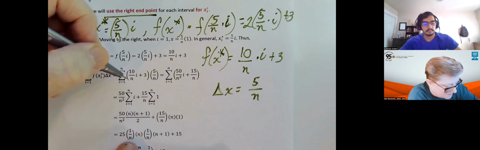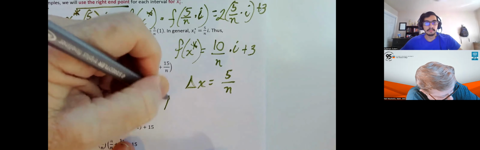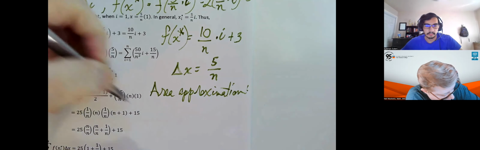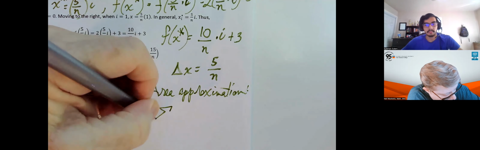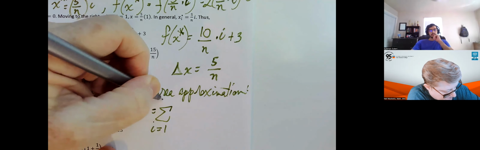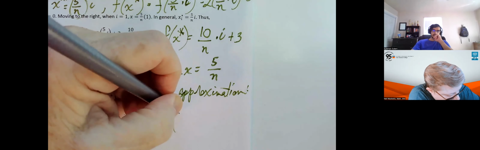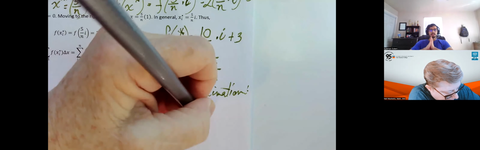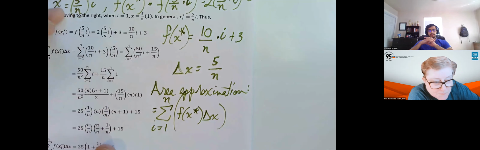So here we've got the area approximation. And that's going to be the sum, as i goes from 1 to n, of f of x star delta x.